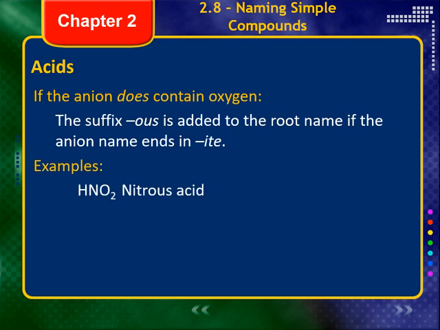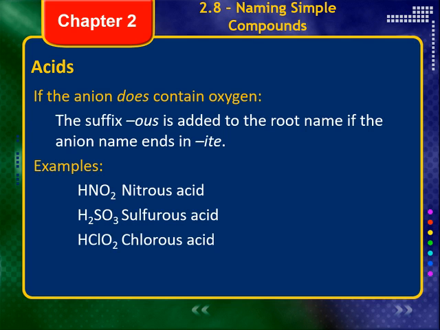For example, very close to nitric acid is nitrous acid, because NO2 is nitrite. I replace the ITE with OUS, so that's nitrous acid. I have sulfurous acid, and I have chlorous acid, from the chlorite polyatomic ion.